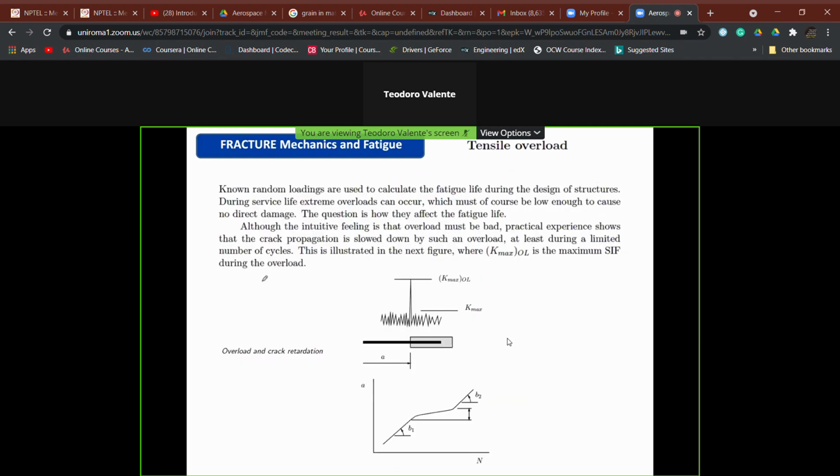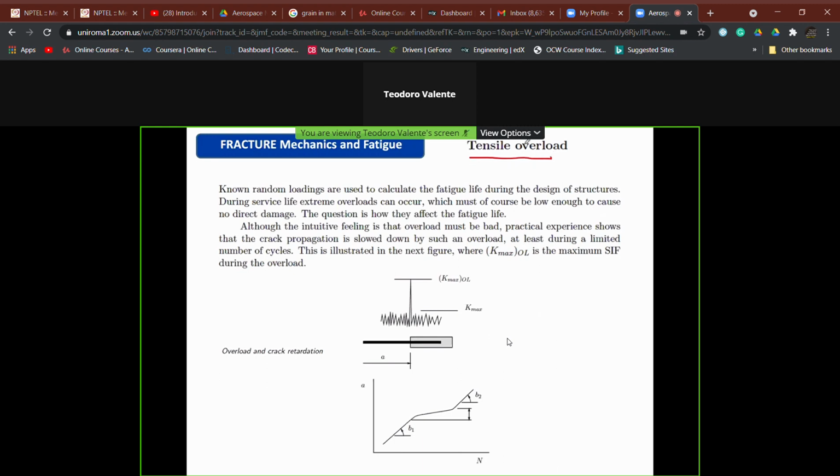that is, to the possibility to predict fatigue life. Some additional concepts which could be met in your professional life, and which for these reasons are worthwhile to be mentioned, are related, for example, to the possible existence of overloads. In this case, let us discuss, obviously, the worrying situation of tensile overloads.